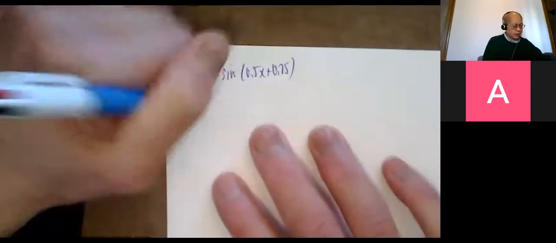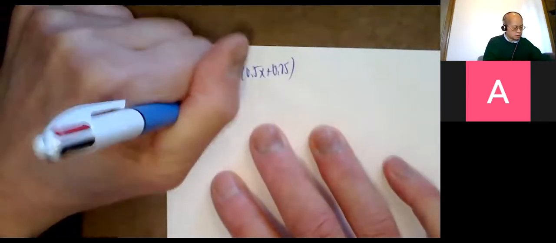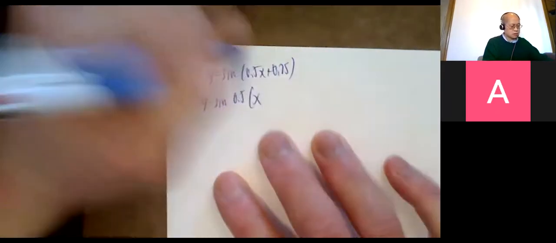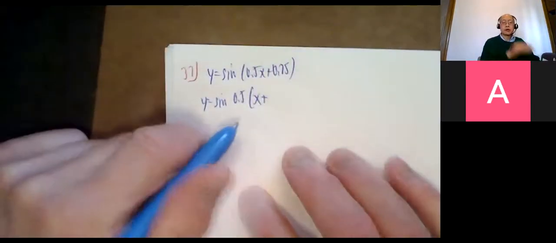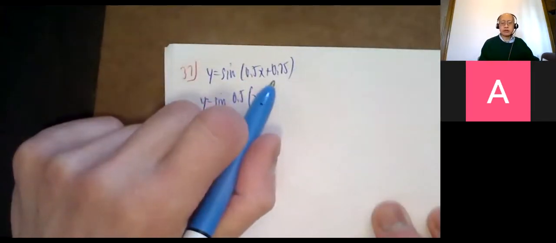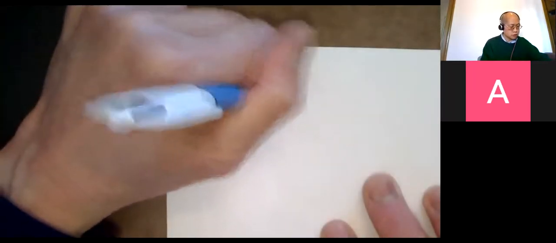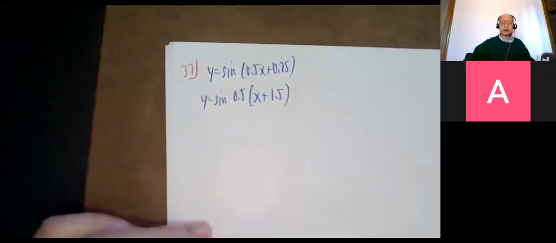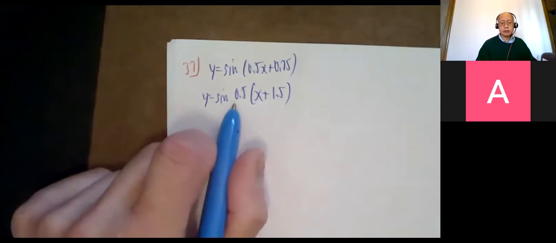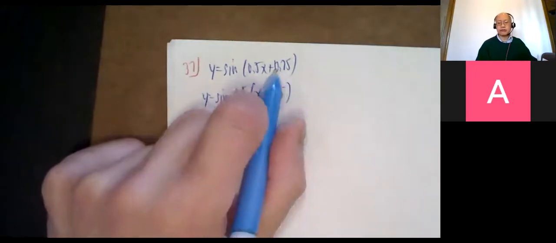Factor out the 0.5. If I multiply by 0.5 here, I divide by 0.5 here. Comes out to be 1.5. Another way to think of it is 0.5 is like a half, right? Half of 1.5 is 0.75. It works.